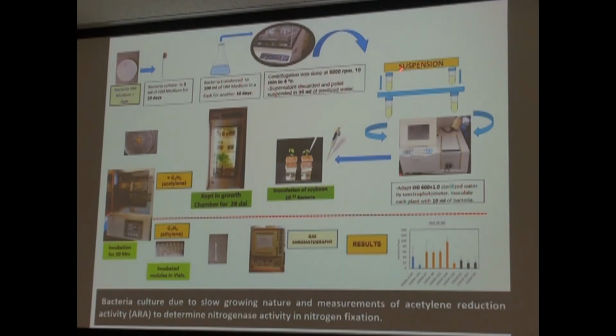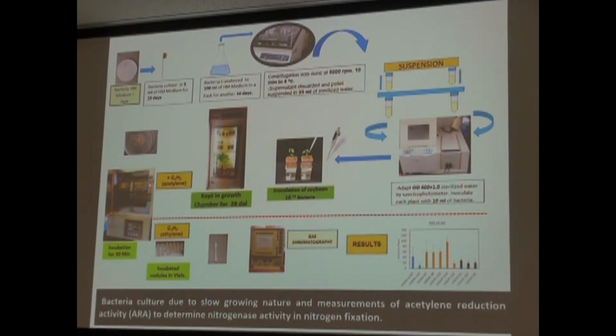After that it was suspended and measured in a spectrophotometer to achieve a consistent concentration of bacteria. After inoculation, each plant was inoculated with 10 ml of the bacteria and placed in the growth chamber for 28 days.